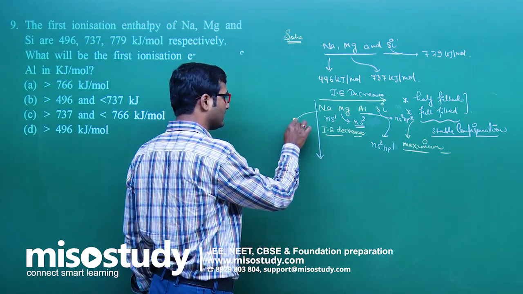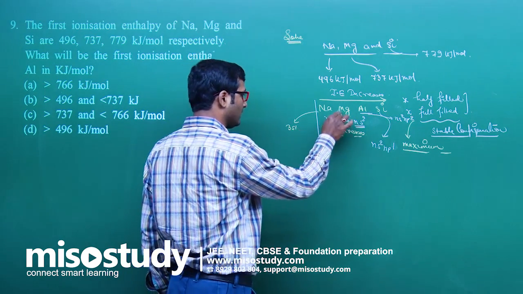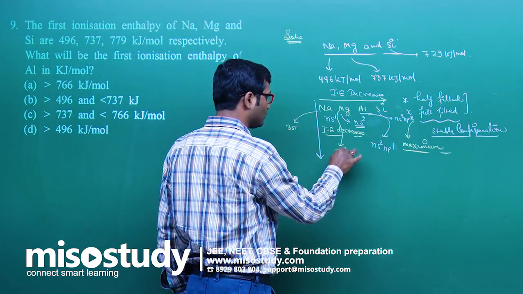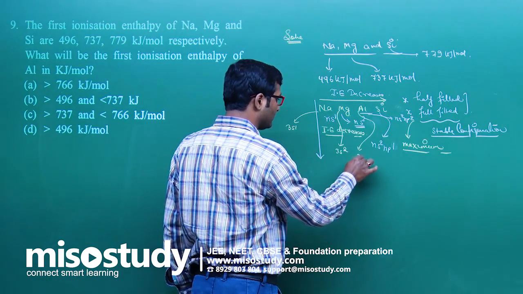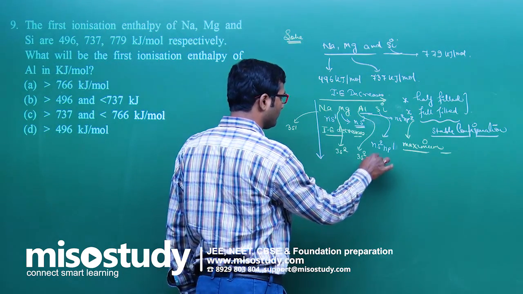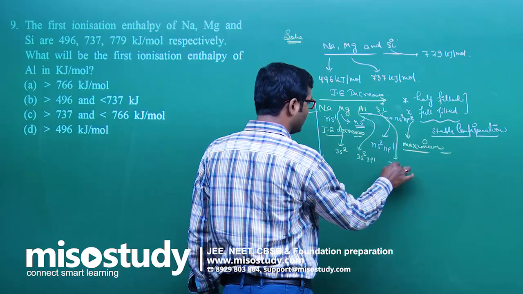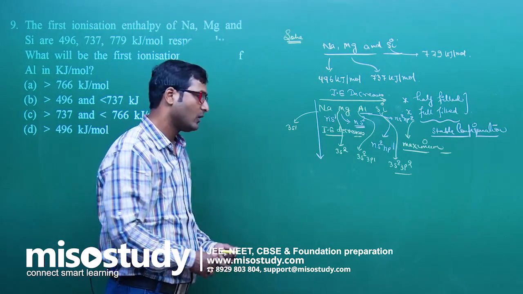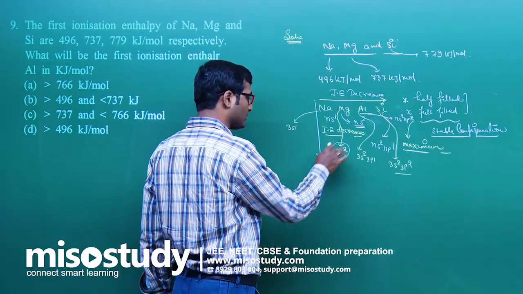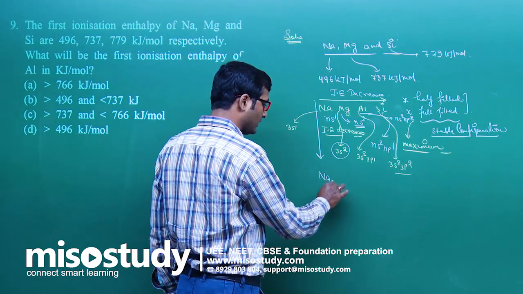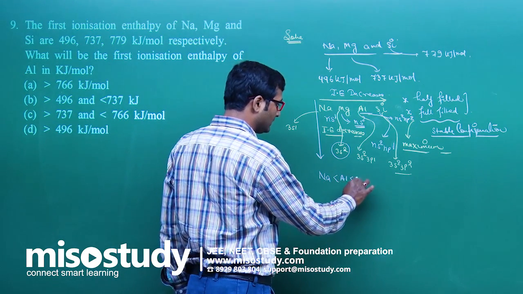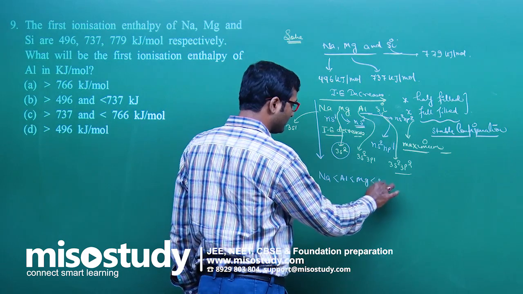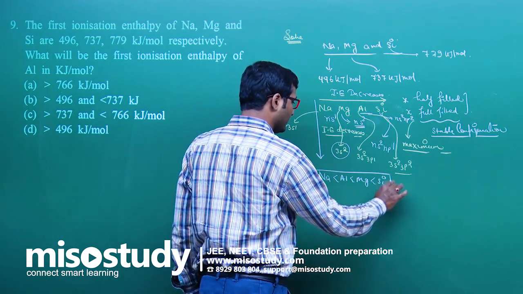We can write 3s1 for sodium, 3s2 for magnesium, 3s2 3p1 for aluminum, and 3s2 3p2 for silicon. Is it clear? Now this is a stable configuration, so the order is sodium, then aluminum, then magnesium, then silicon. This is the order.